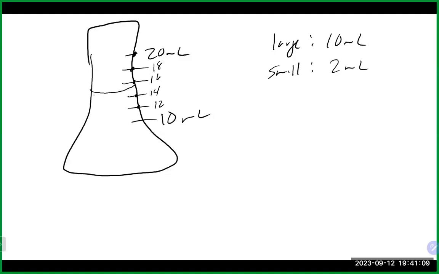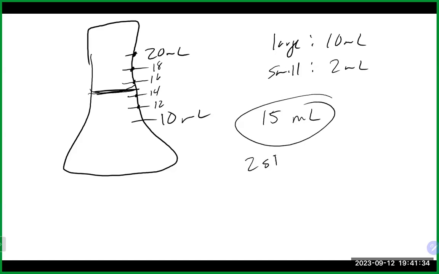Now, when my meniscus falls right there, I am between 14 and 16 in this case. What comes between 14 and 16? 15 does come between 14 and 16. That would be the best you could do in this case, right? That would mean this measurement would have how many significant figures? Two significant figures. The uncertain or estimated digit would be which one? It would be the 5, right?